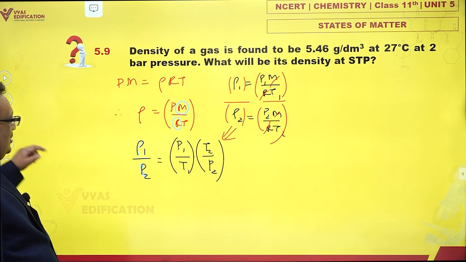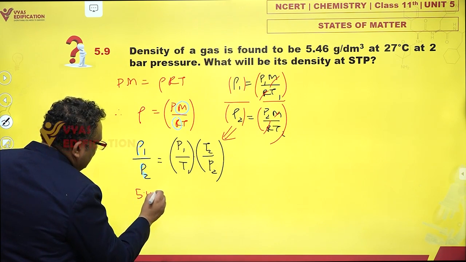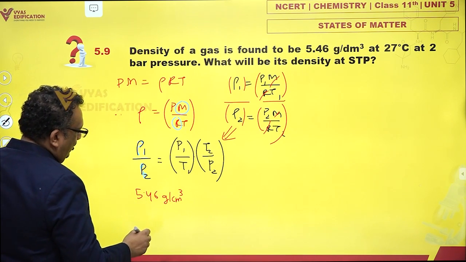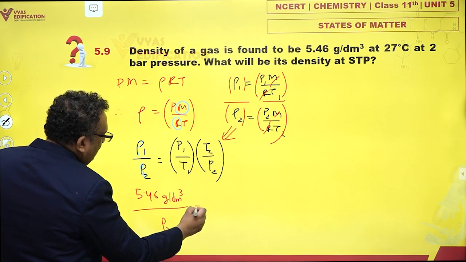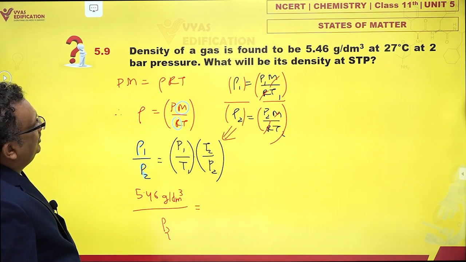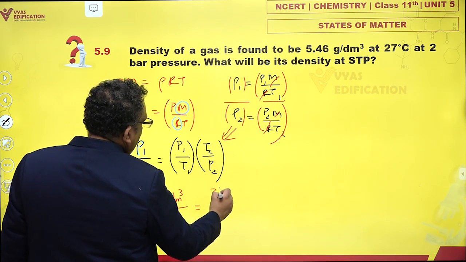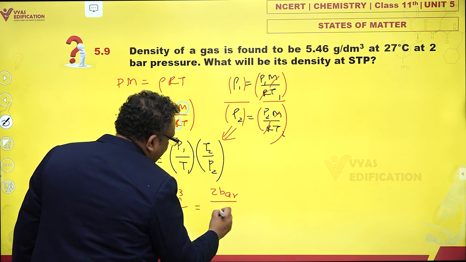So all I need to do is substitute. Rho 1 is 4.56 grams per decimeter cube divided by rho 2 is P1. Density of gas is found at 2 bar and 27 degrees Celsius means 300 Kelvin.